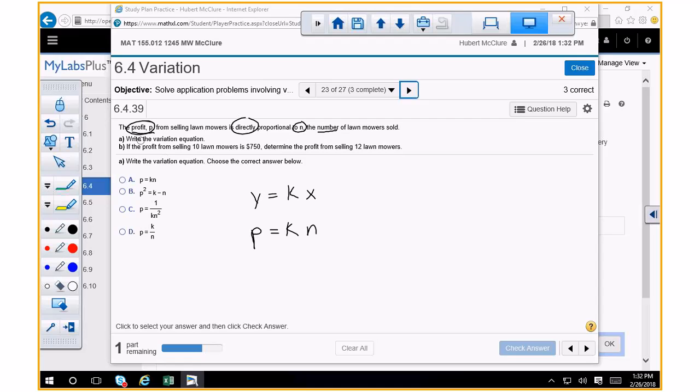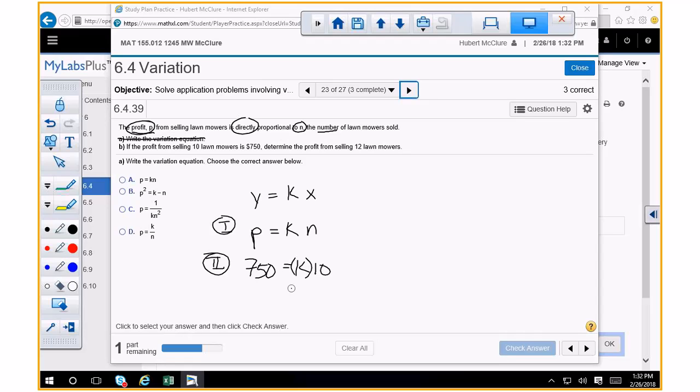P is the profit. So we just did that right here. If the profit from selling 10 lawnmowers, so part 1. Part 2 is to plug and chug.